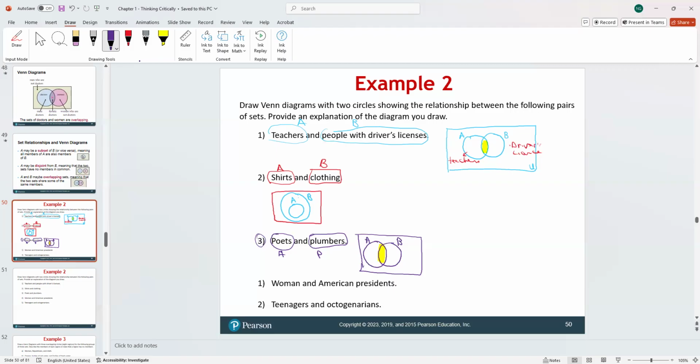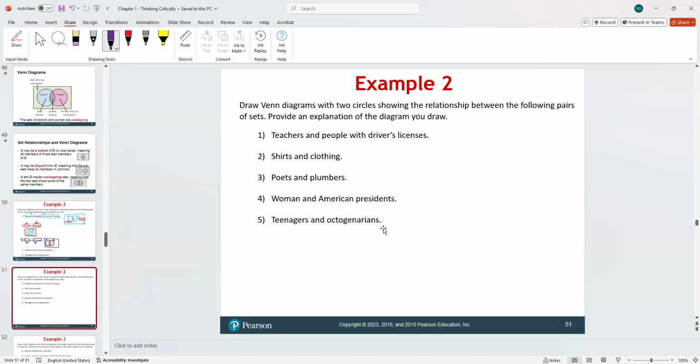We're gonna do one more, okay? Let's do this one, the last one, 5, right there. Okay, remember we go with a circle, okay? Now you answer the questions. All right. If I said that teenagers are set A and octogenarians are set B, subset means all teenagers are octogenarians or all octogenarians are teenagers.